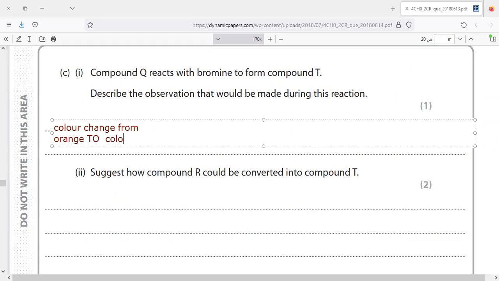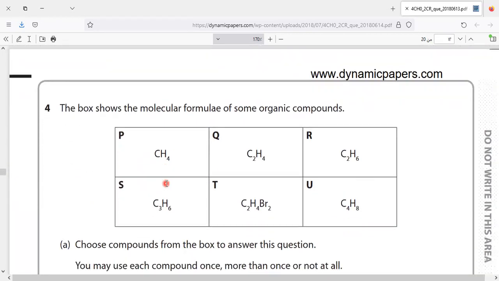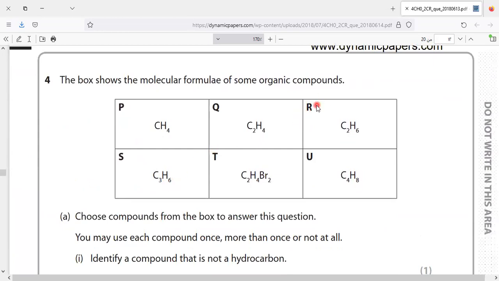Okay, suggest how compound R could be converted into compound T. How can you convert R into T? Let's check R and T. By substitution reaction.